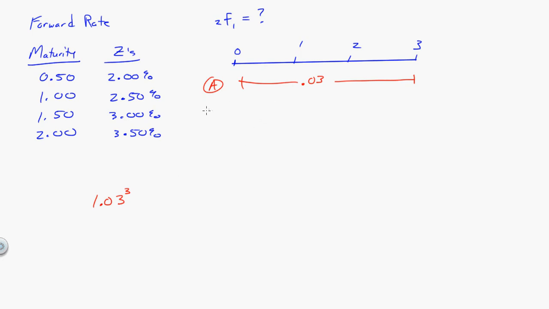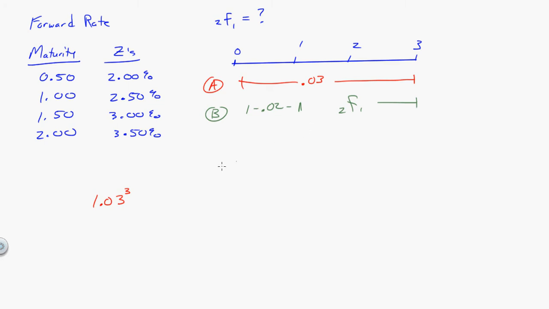The other option would be, I want a 2-period forward rate that begins in period 1. So I can invest for 6 months at 2%. So I'm looking for the 1-year spot rate 6 months from now, right?